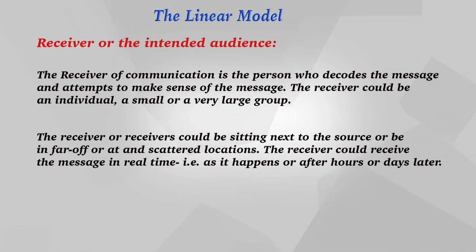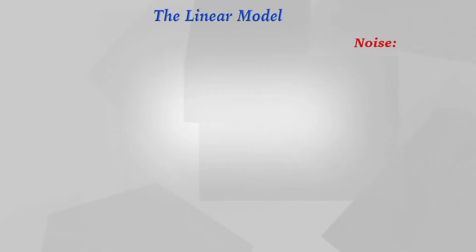So, the receiver could receive the message in real time, that is as it happens, or even after hours or days later. Because if he is sitting next door, the message can be received just there and then. But most of the time, it so happens that even after hours or even days later, the receiver can receive the message.